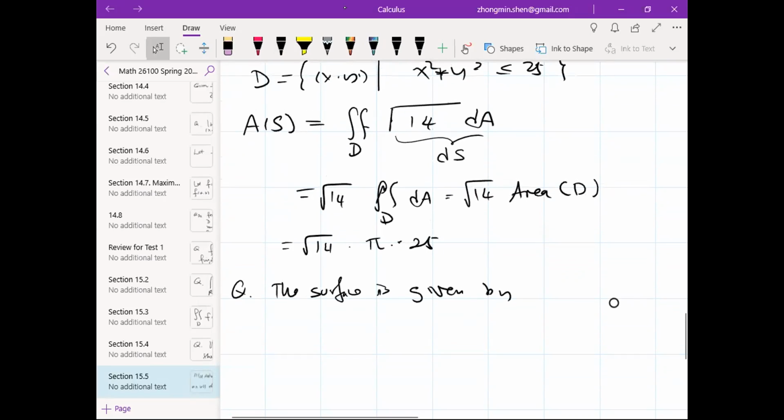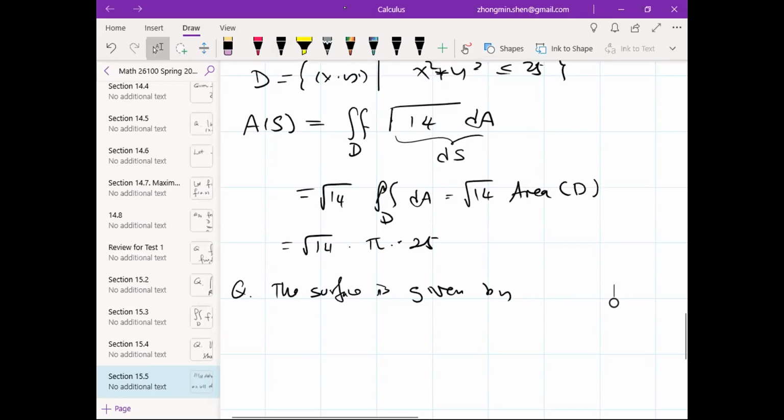It's just the area of the domain. This double integral of dA, of course you can evaluate the integral, no problem. But since we understand this is going to be the area of the domain D, because the integral of 1 gives you the area of the domain D, and we already know that this D is a disk with a radius 5, that's why I write down pi r squared.